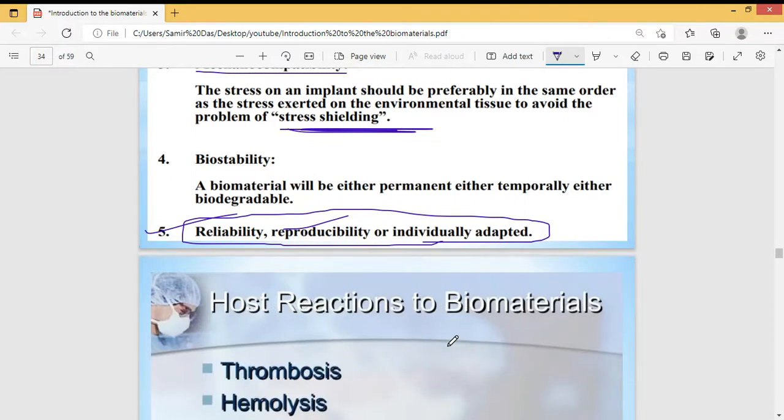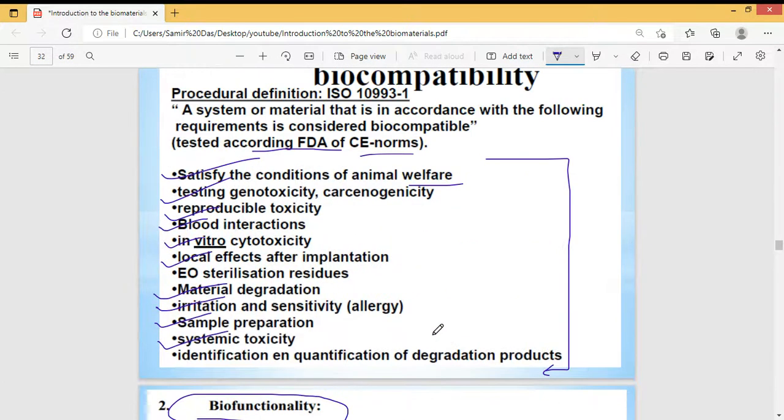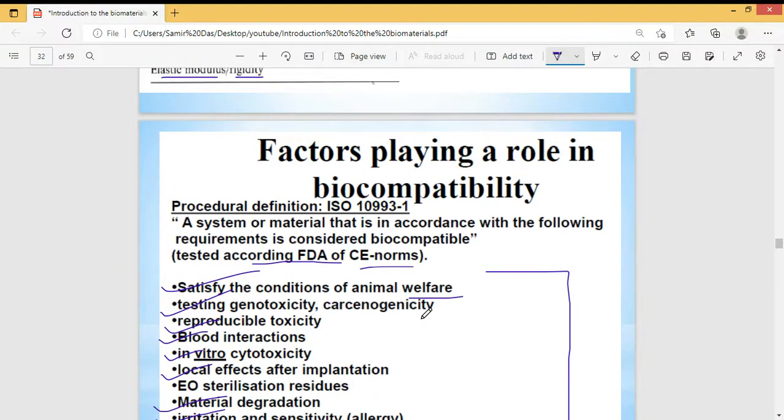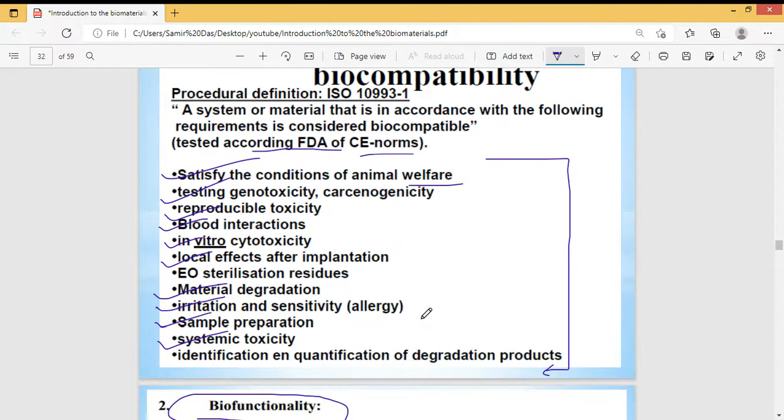So that is the most important factor on which the success of biomaterial depends. So that's all for today.